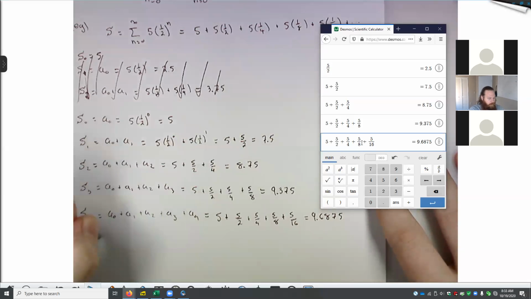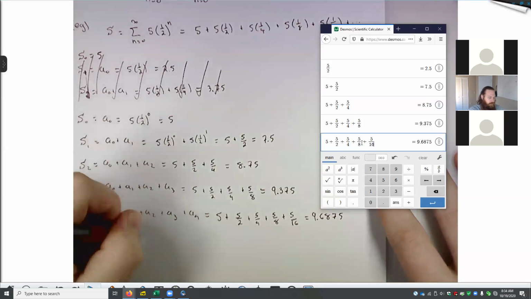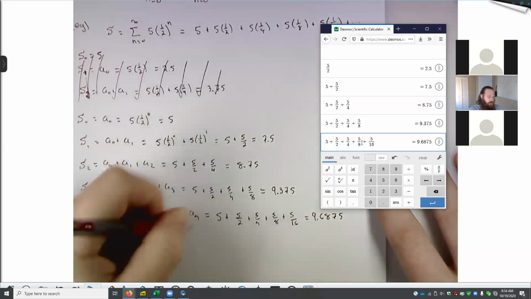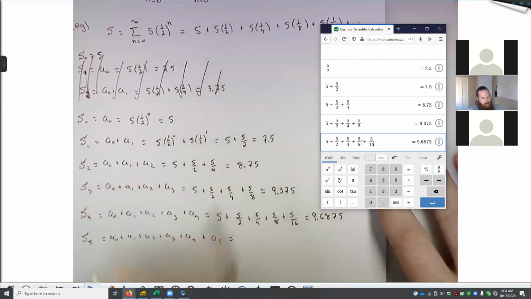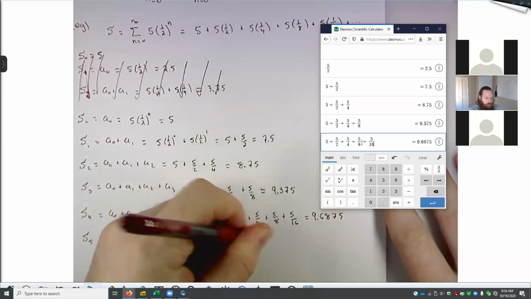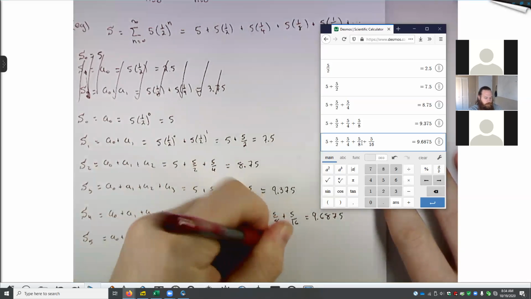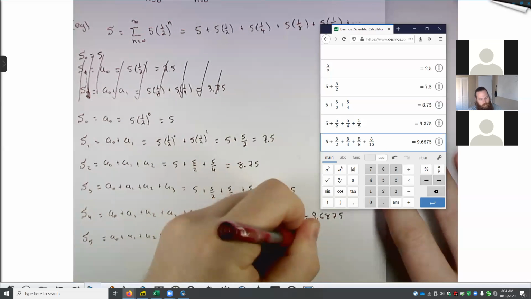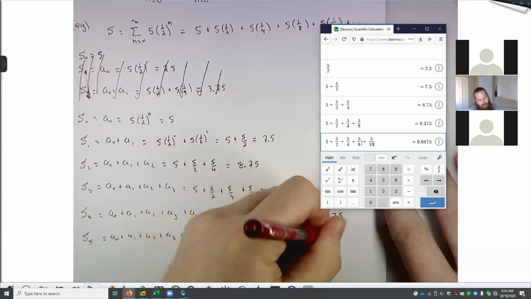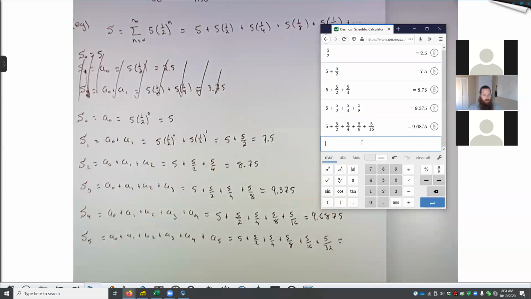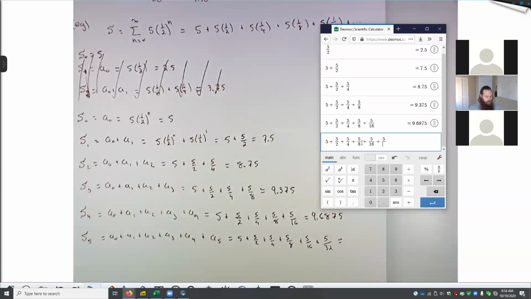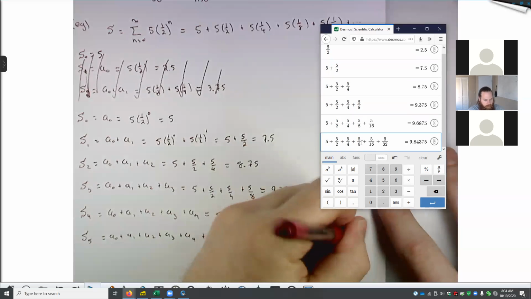S5 would be the sum out to 5. So I'm not going to write the actual thing here. Oh, maybe I will. 5 plus 5 halves plus 5 fourths plus 5 eighths plus 5/16 plus 5/32. So I take this last guy and I slap on a plus 5/32. And I get 9.84375.